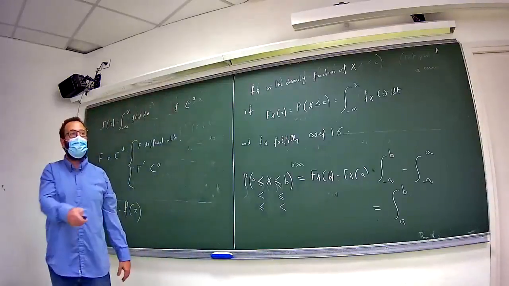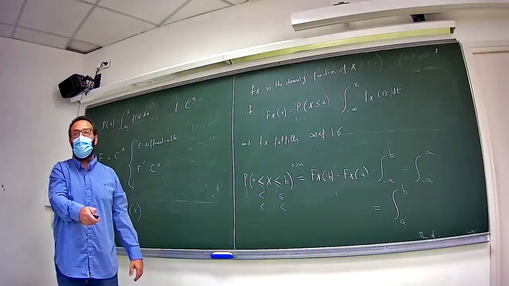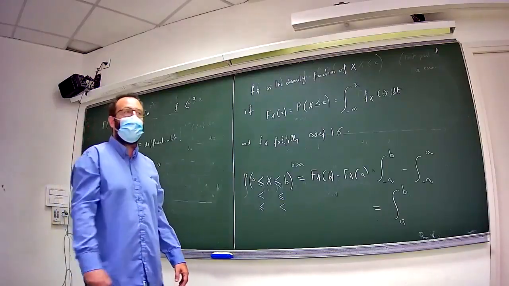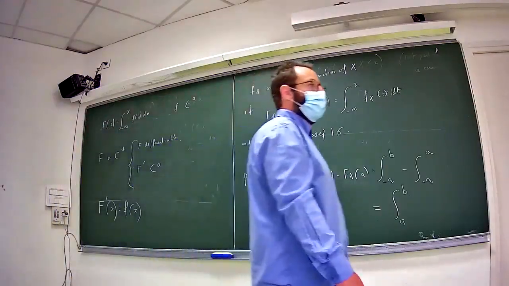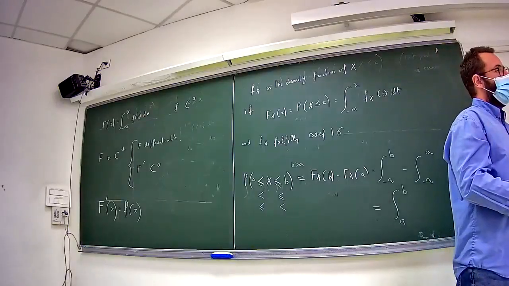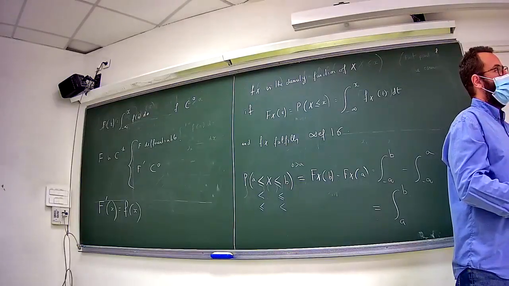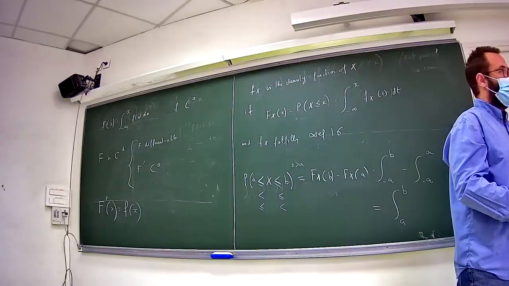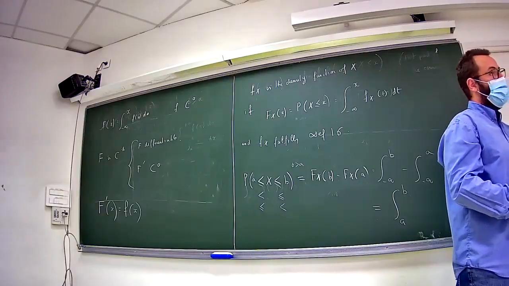So at the end, of course, the density function is always the derivative of the distribution function, but in one case I suppose to have a density, in the second one I prove that I have a density. And I have explicitly the density.